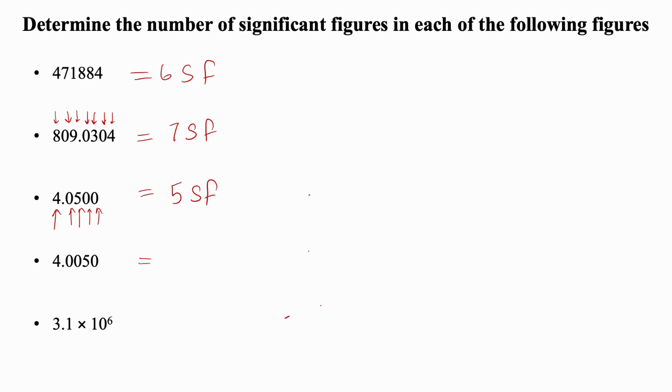Next one, 4, 0 and 0, 5 and the 0 after 5 are significant. Therefore, still you have 5 significant figures. Another number in scientific notation, 3.1. So, you look at the coefficient, you have 3 and 1 are significant. So, you have 2 significant figures.